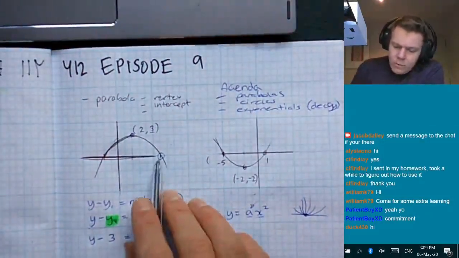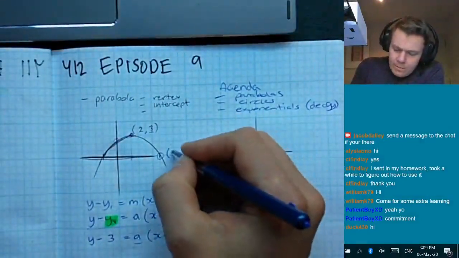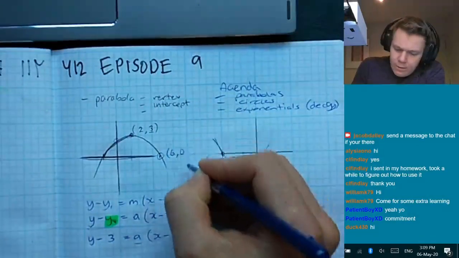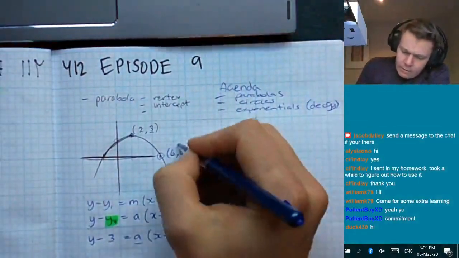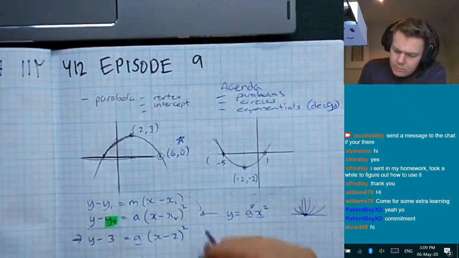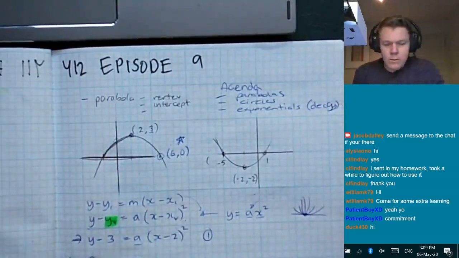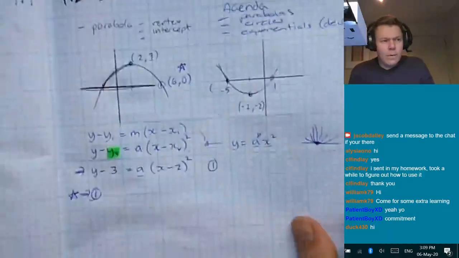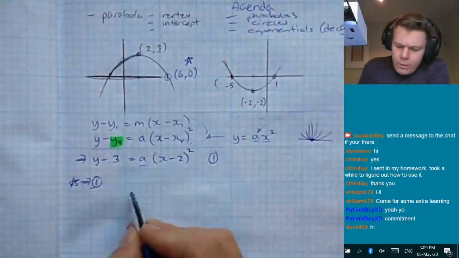So this point here will work. That's x is 6, y is 0. So we're going to put this coordinate into our equation. We'll call this equation 1. So star is going into 1.